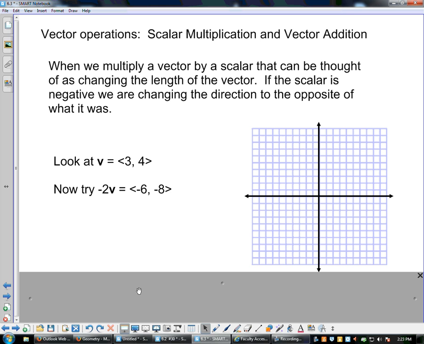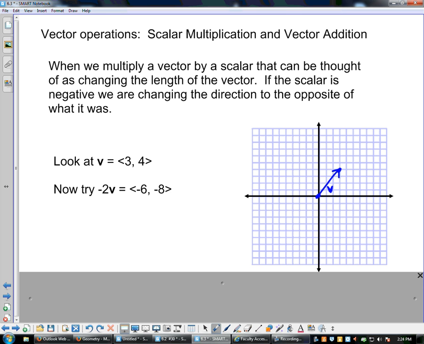Yes. All right, so vector (3, 4), go ahead and draw vector (3, 4). If you just see this component form of (3, 4), we can start with the initial point at (0, 0) and go to (3, 4). And there's our vector v. Everybody with me?